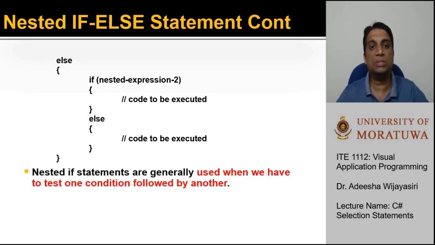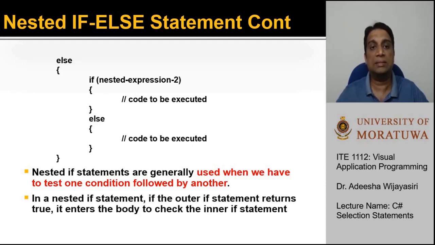Generally, we use nested if-else statements when we have to test one condition followed by another. In a nested if-else statement, if the outer if statement returns true, it enters the body of the if clause to check the inner if statement in the if clause. If the outer if statement returns false, it enters the body of the else clause to check the inner if statement in the else clause.